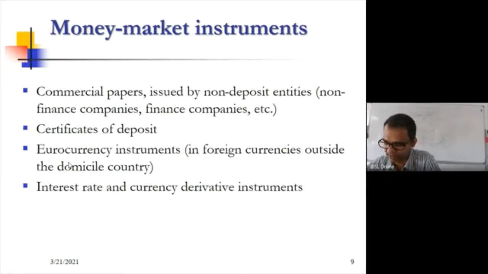So the instrument is denominated in a currency and traded outside the domicile country. Dollar instruments traded in the European market or somewhere else, we call them euro dollars. Yen traded outside Japan, we call them euro yen. Sterling pound traded outside the UK, euro pounds, likewise.